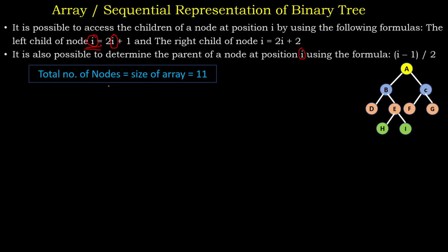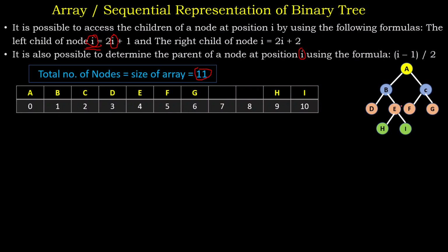For an example, the total number of elements is 11, so the size of the array is 11. When we talk about the parent node, first let's take this as a parent node.